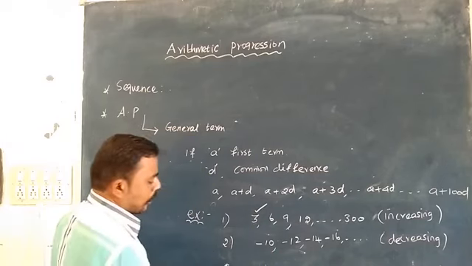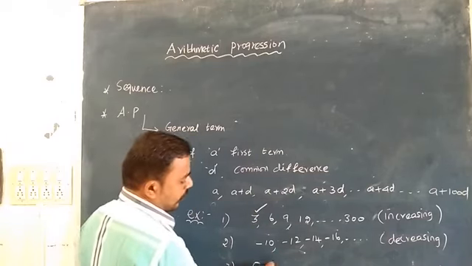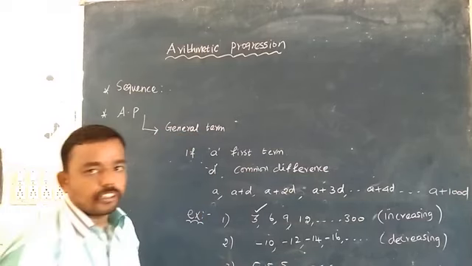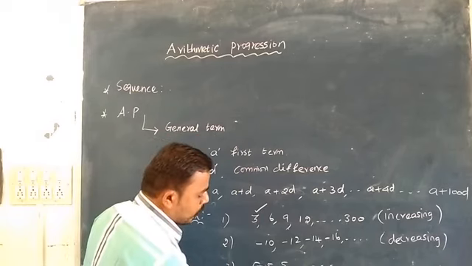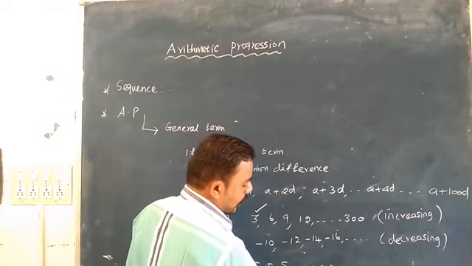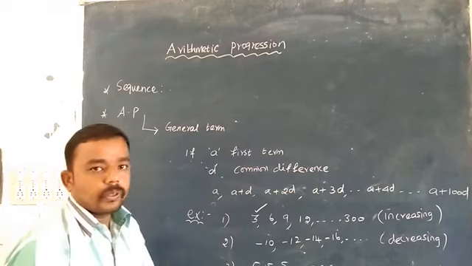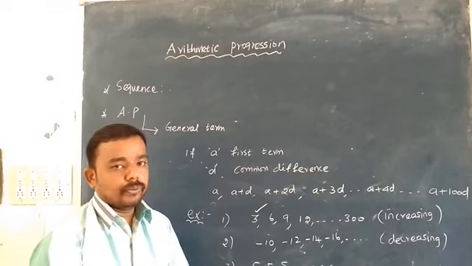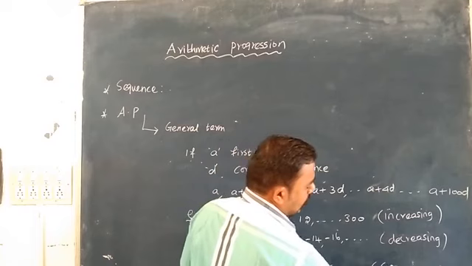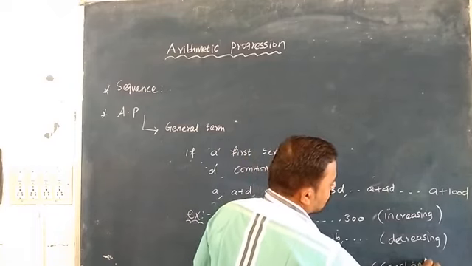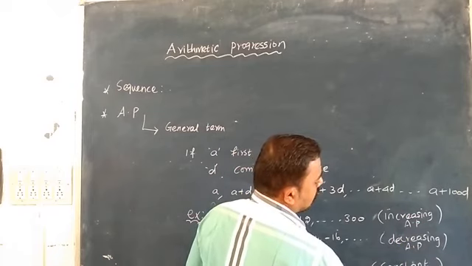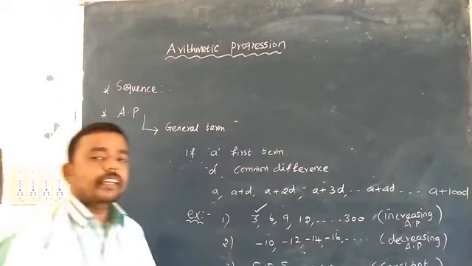Okay. Suppose the numbers 5, 5, 5 and so on. There is no change. So A equals 5 and D equals 5 minus 5, that is 0. Now the common difference is 0. So using this we can tell this one is a constant AP. Decreasing AP, increasing AP, constant AP, constant sequence.